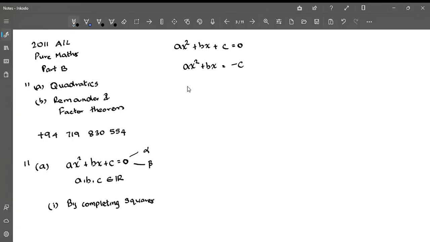Divide everything by a. x squared plus b over a x equals minus c over a. Now put a bracket: x plus b over a is the coefficient, take half of it, b over 2a, squared. Put minus the square of this whole thing: b squared over 4a squared. This is equal to minus c over a.